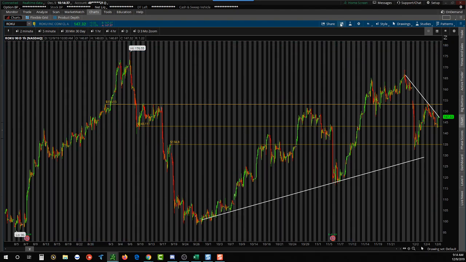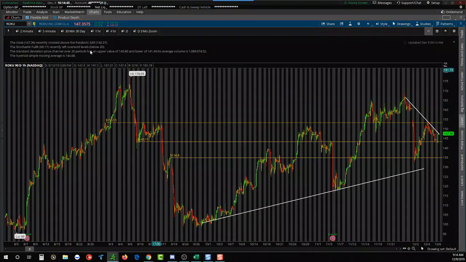Notice also that Thinkorswim has this button right here, Chart Describer. It gives you: the close recently crossed above the parabolic SAR. The stochastic full fell below the oversold levels. Standard deviation price channel. And it gives you the simple moving average.